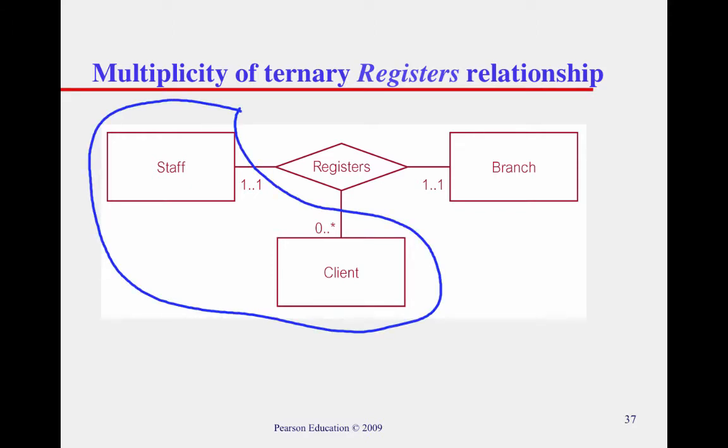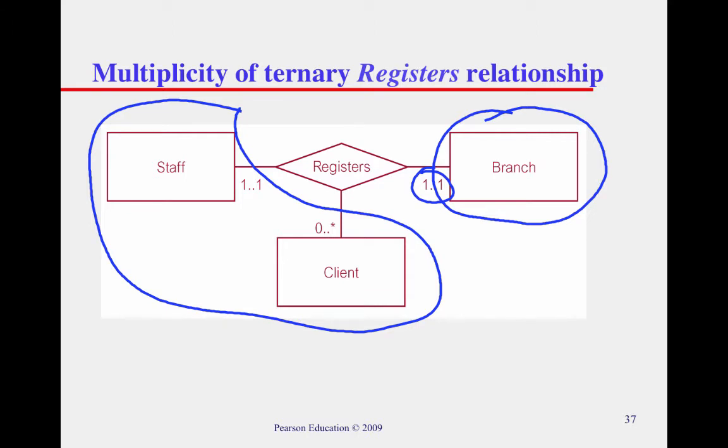So you pretend you have an occurrence or an instance of each of the remaining entities, and then you try to determine, based on that, how many instances of the remaining entity you can have. So we start by trying to figure out what this number here should be.